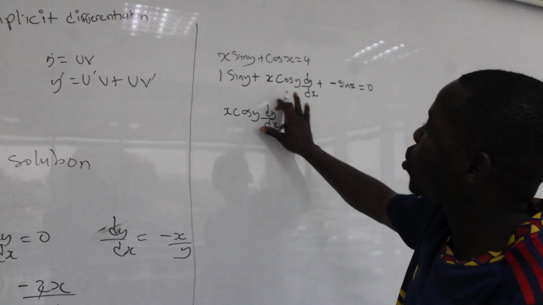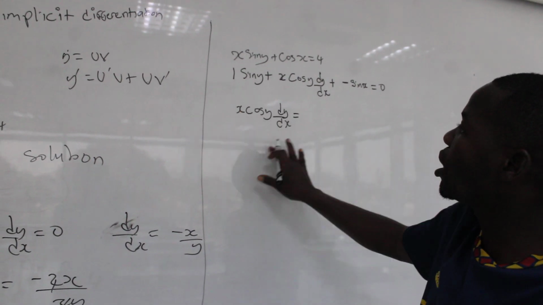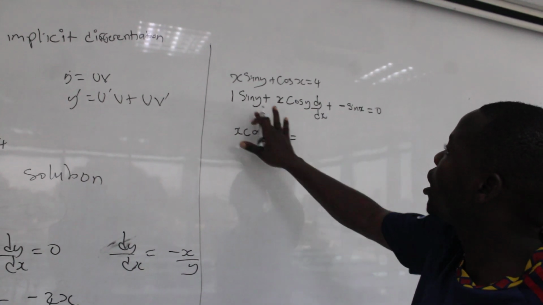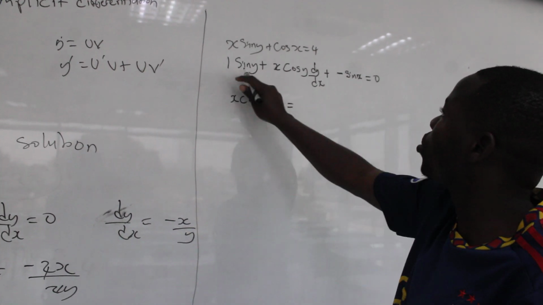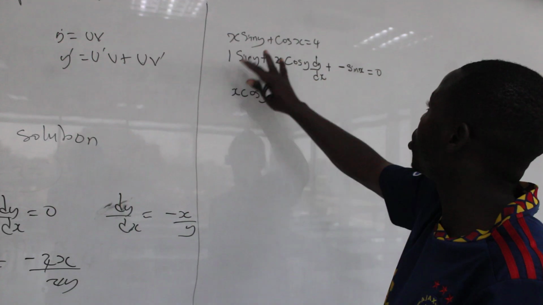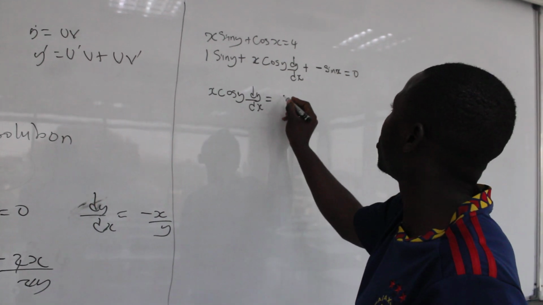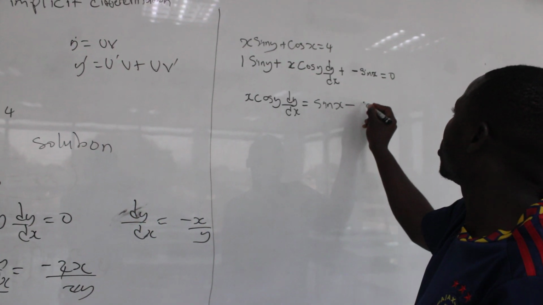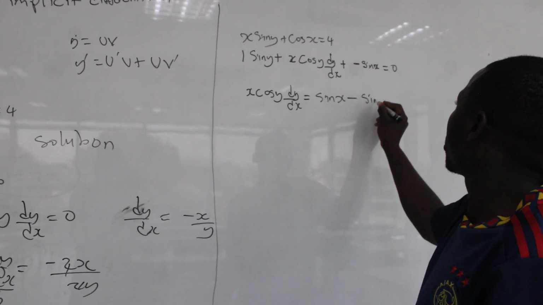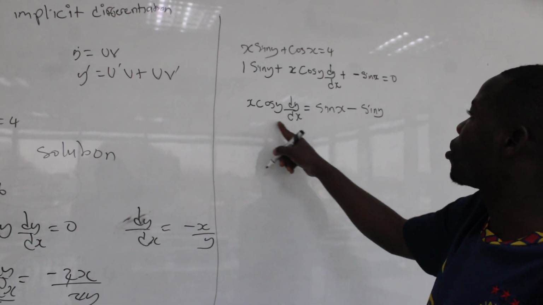I'm just going to isolate those which have dy/dx on my left-hand side. This will become negative sine y, and this one crosses to become positive sine x.